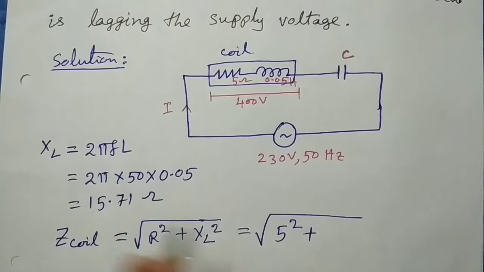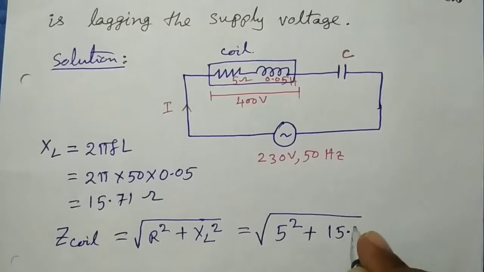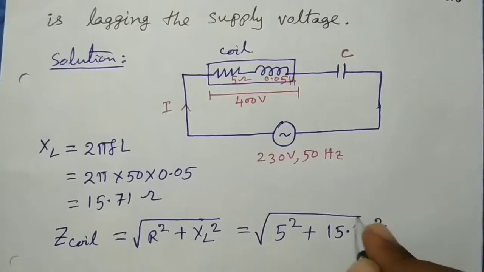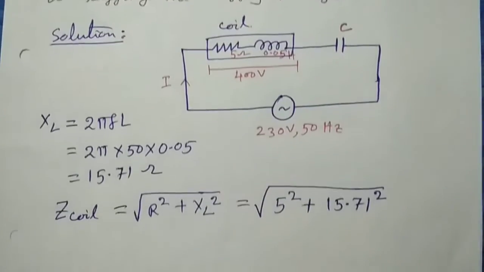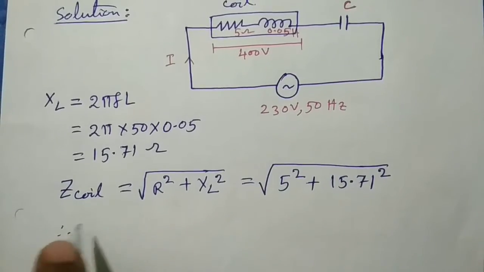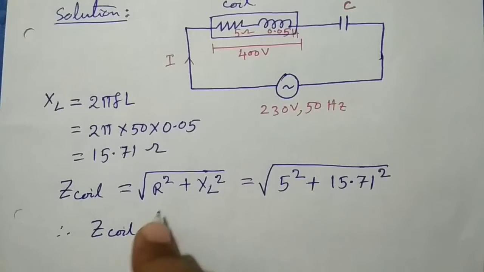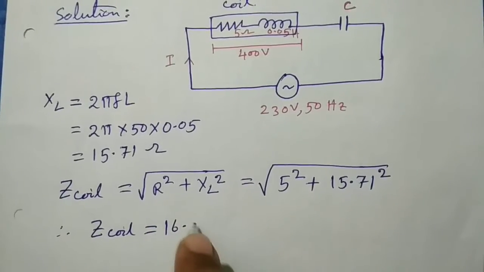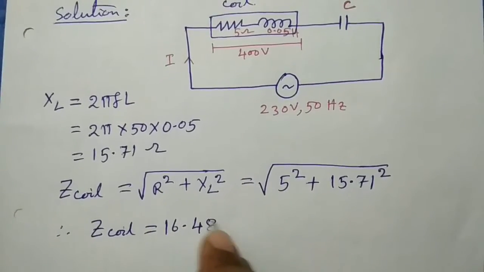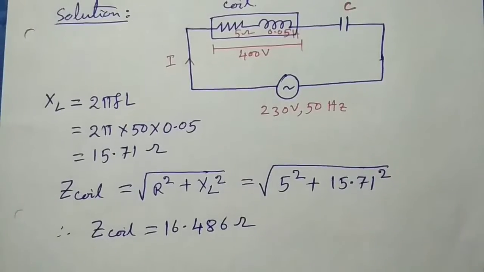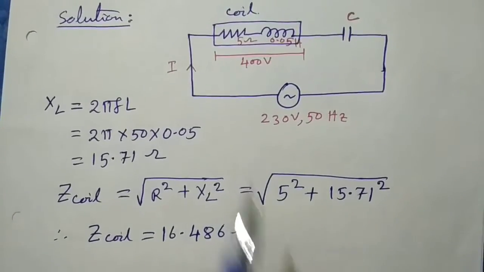And XL we have calculated, it is 15.71 square. So we'll get the impedance of the coil as 16.486 ohms. This is the impedance of the coil only.